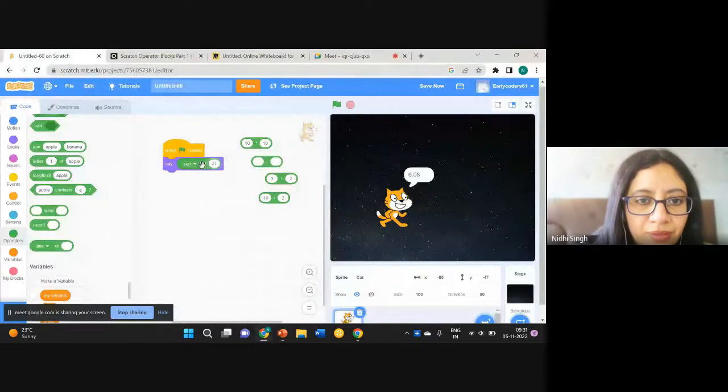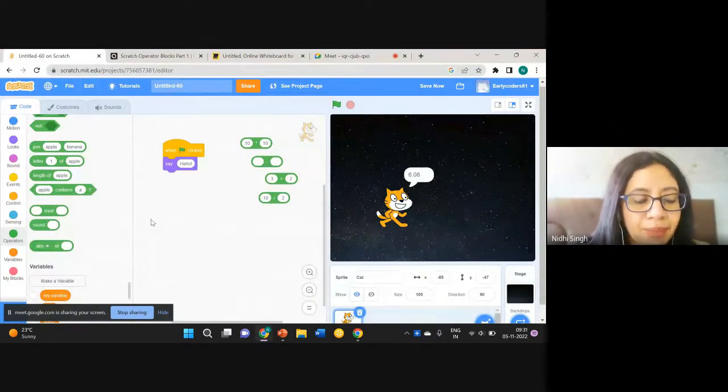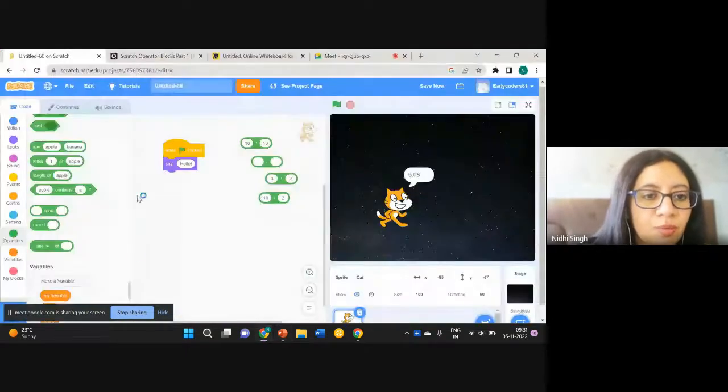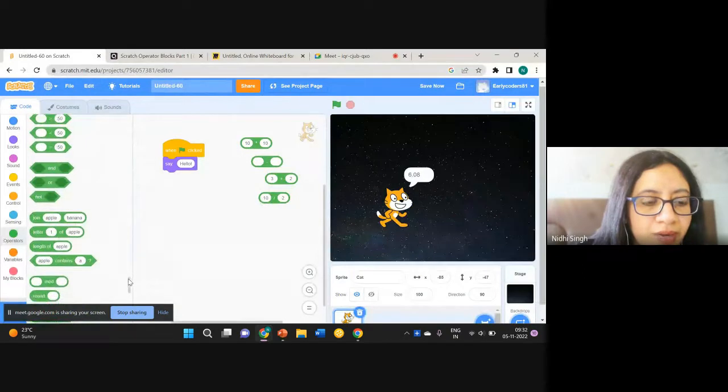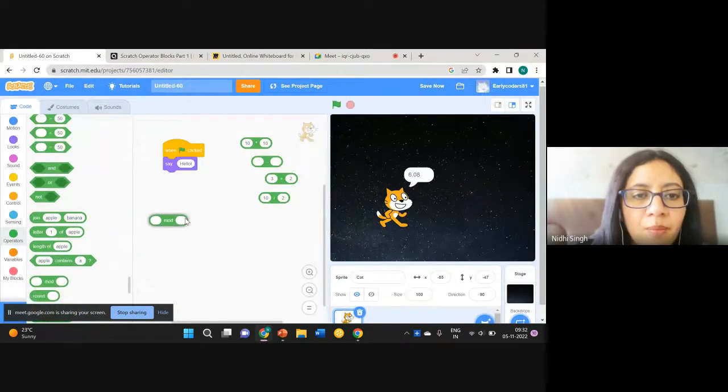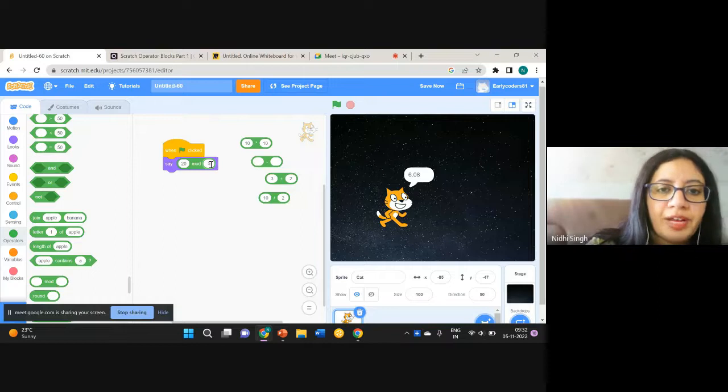Now, this is all about the absolute function and other functions. Now, we will be bringing in modulus. Here, it's written as mod, and we call this the modulus operator. What will this do? Let's say I am giving 20 and 5.